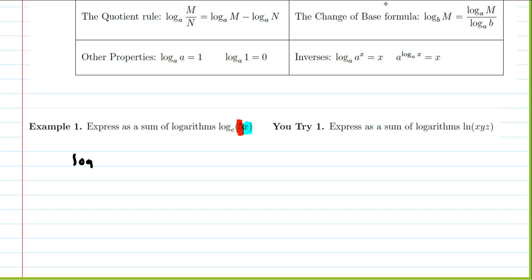So we get logarithm base c of 5 plus the logarithm base c of x. So that's our product property for logarithms. We take each factor and it turns into a logarithm. And when we have products, they turn into addition.